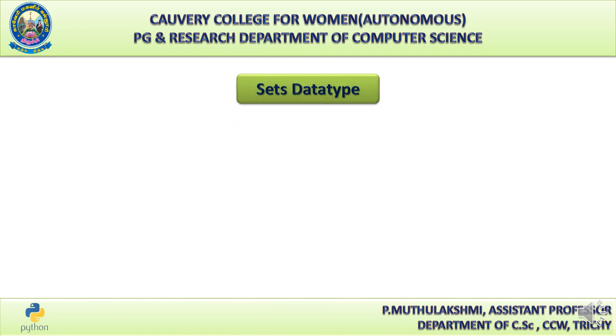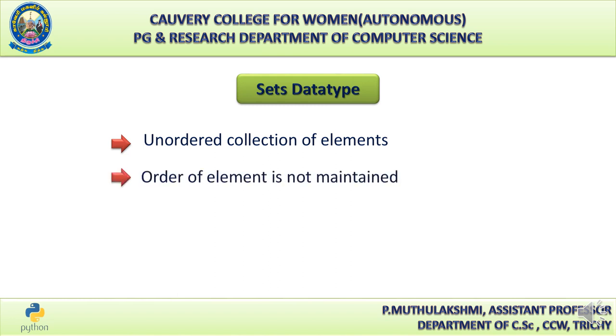Next data type is sets. What is meant by set? Set is an unordered collection of elements. The set does not maintain any order. That is, the elements may not appear in the same order as they are entered into the set.